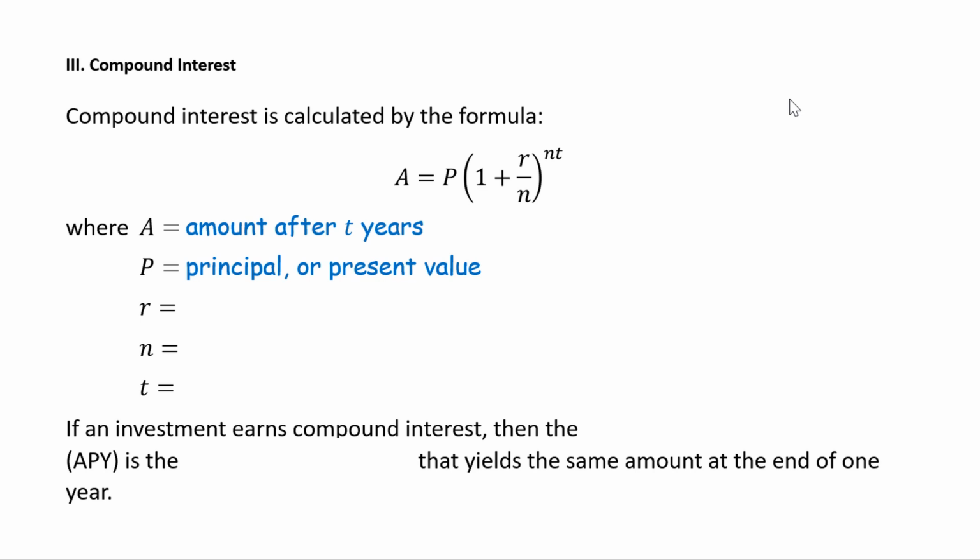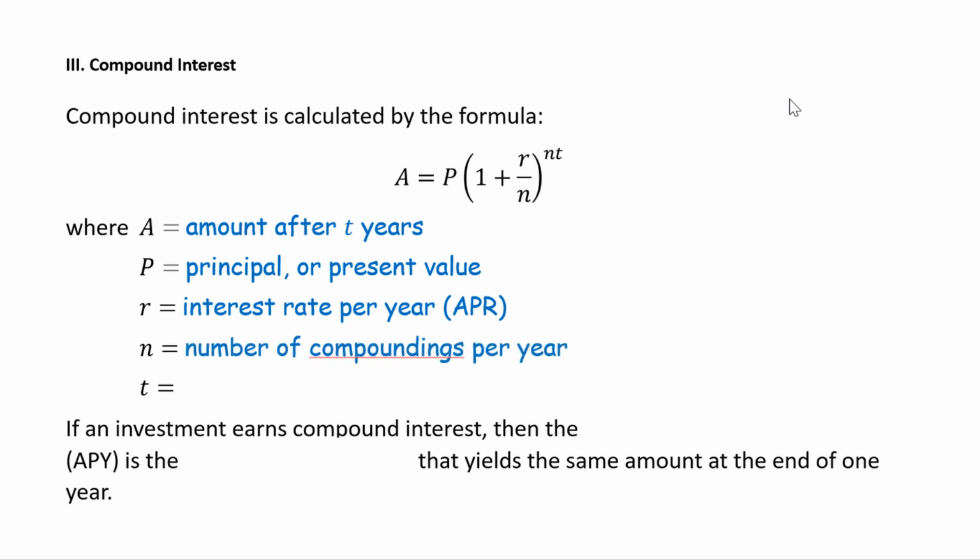That's the value of your money at this moment today. R is equal to the interest rate per year. You often see this as APR. Your interest rate in the formula must be expressed in decimal form. N equals the number of compoundings per year. N is the number of times the money is compounded.